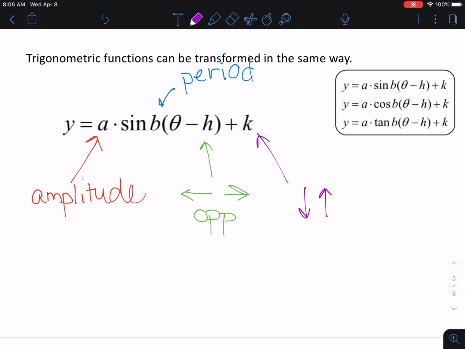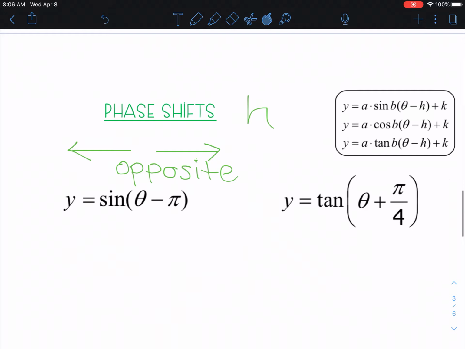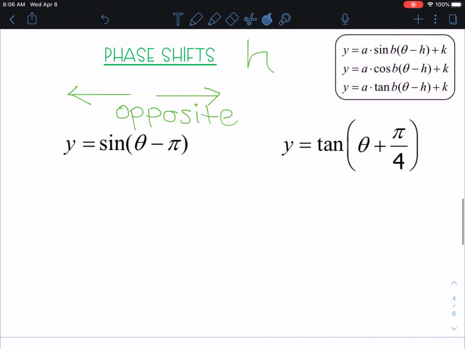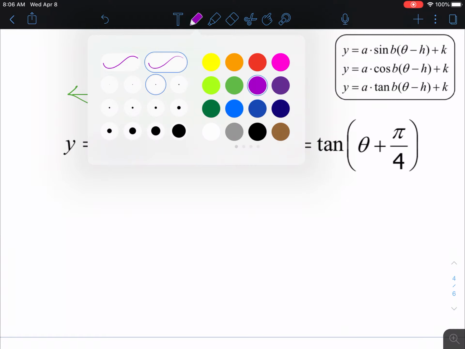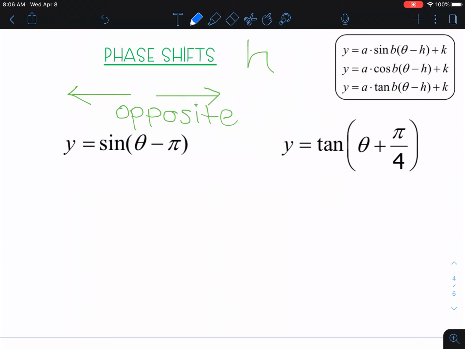Okay, let's take a look a little more closely at the h value. What the h value does is move the graph left or right, as we just discussed, and again, it's going to be opposite of what you think. If we look at this first problem, y equals sine of theta minus pi, minus pi, we'd think, is going to move it left. But nope, this will be opposite of that.